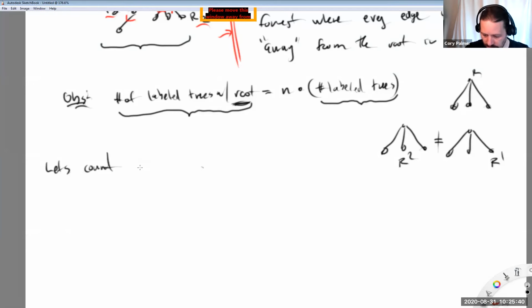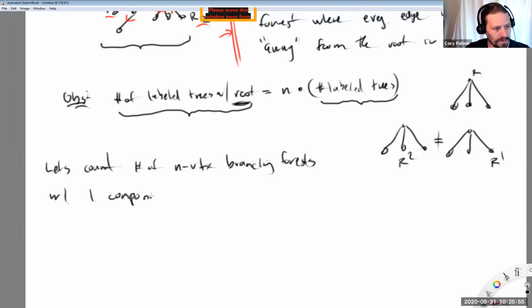Okay, so let's count the number of n vertex branching forests with one component. Oh, okay, so let me just add labeled here, because of course we're talking about labeled things here.